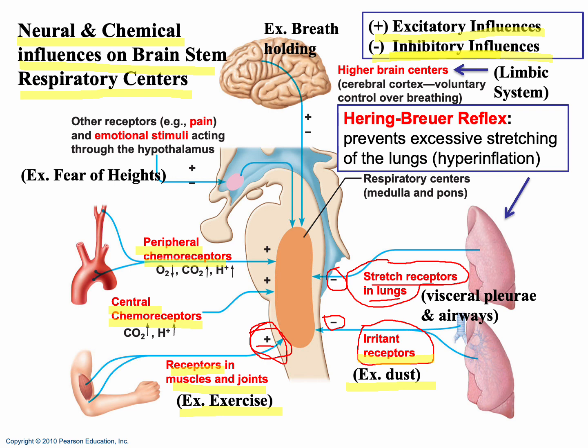This unique evolutionary feature that we have is known as the Hering-Breuer reflex. The Hering-Breuer reflex. And this was developed from a German respiratory physiologist, Hering-Breuer. And this reflects, again, an evolutionary feature which prevents excessive stretching of the lungs in the situation of hyperinflation. It's kind of a protective type of mechanism that we have. So that can be a big role player there.